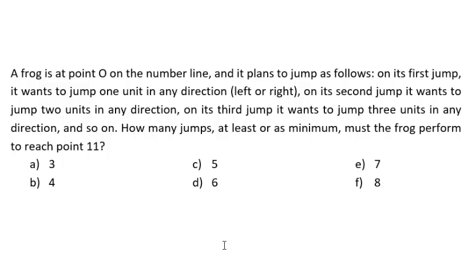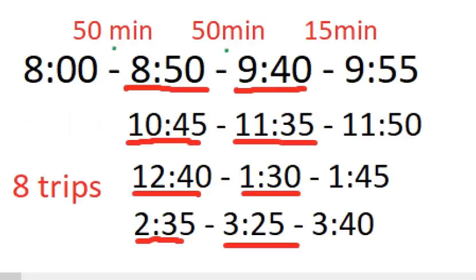So what are we going to do in here? We're going to make a diagram of how the frog is going to be jumping. Let's make a diagram of a line, and let's put some numbers in here.